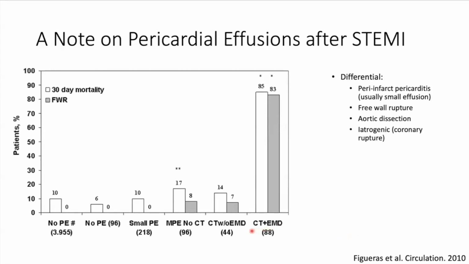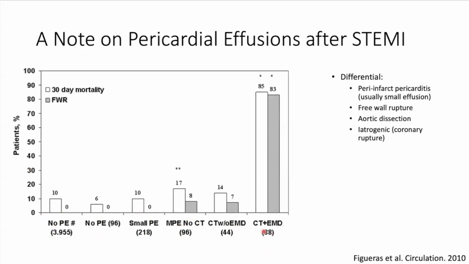On the y-axis here, we have the percentage of patients. On the x-axis, we have all the different categories that this study looked at. On the left, we have no pericardial effusions, small pericardial effusions, moderate pericardial effusions without any features of cardiac tamponade. Then there's patients that had cardiac tamponade on presentation without cardiac arrest, EMD referring to electromechanical dissociation, which is PEA arrest.